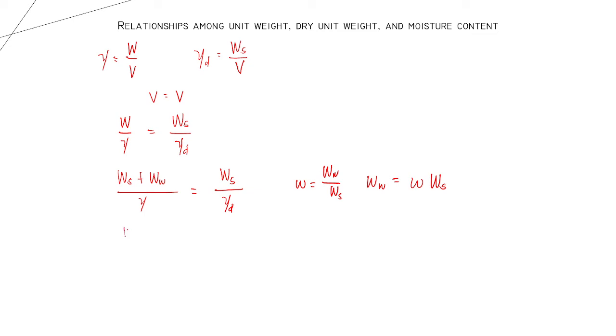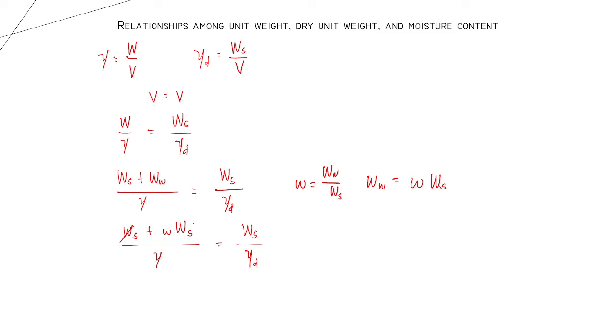So W sub S plus omega times W sub S all over gamma is equal to W sub S all over the dry unit weight.